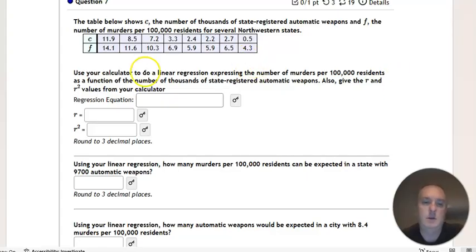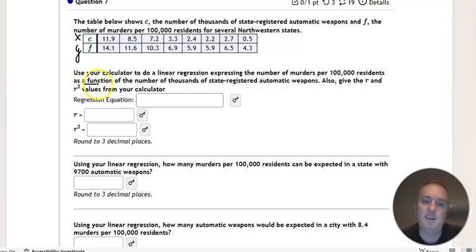So the C's are kind of like our X values, the F's are our Y's. Using your calculator, do a linear regression expressing the number of murders per 100,000 residents as a function of the number of thousands of state-registered automatic weapons. Also give R and R squared.